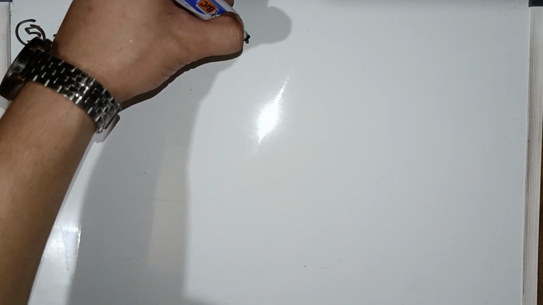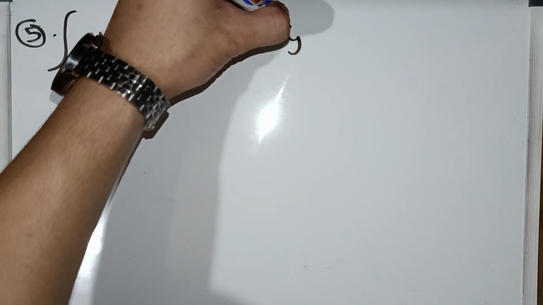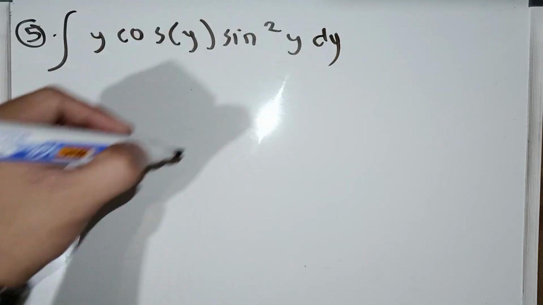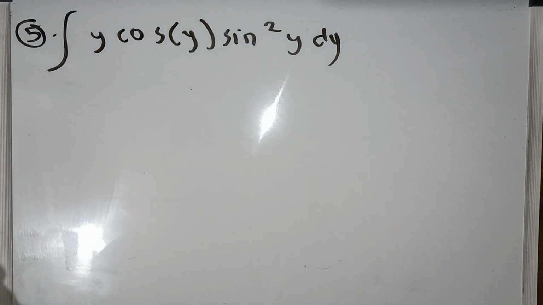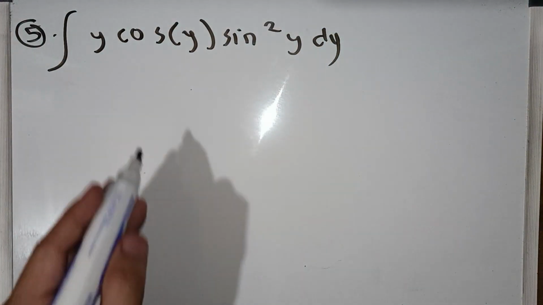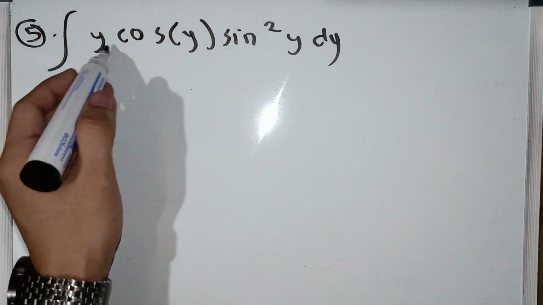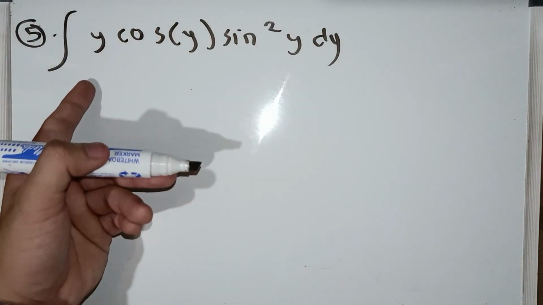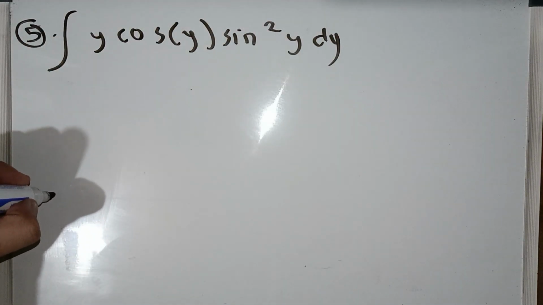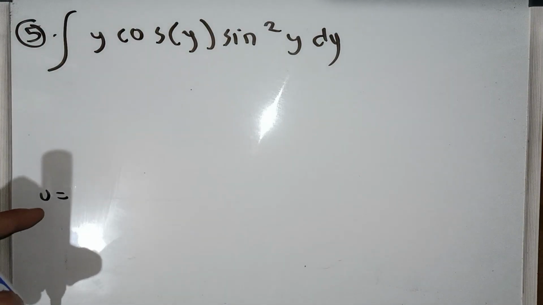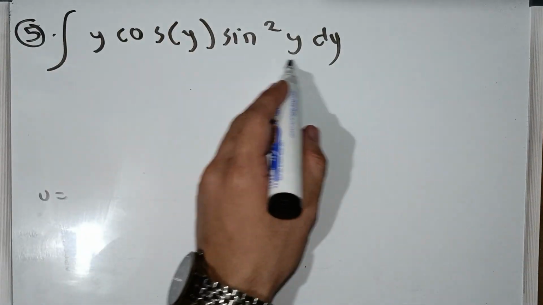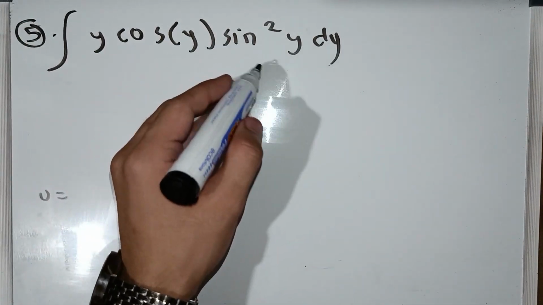For the fifth and final problem, let's try the integration of cosine y multiplied by sine square y dy. So what are we going to do to solve this problem? Since we have the y here, let this be our u, so u is equal to y, and this will be the dv.